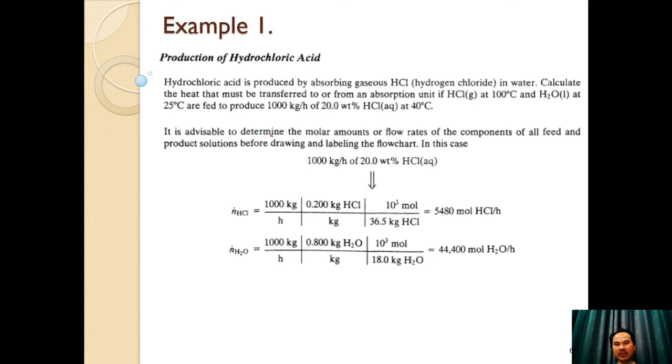Okay, for this case, the first step is to change from mass to moles. The product HCl aqueous solution is 1,000 kg per hour of 20% HCl.